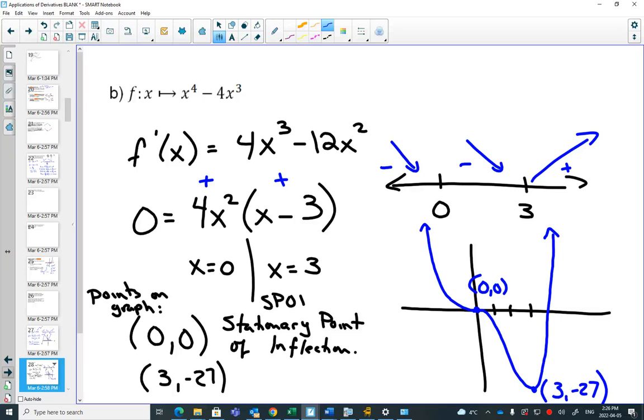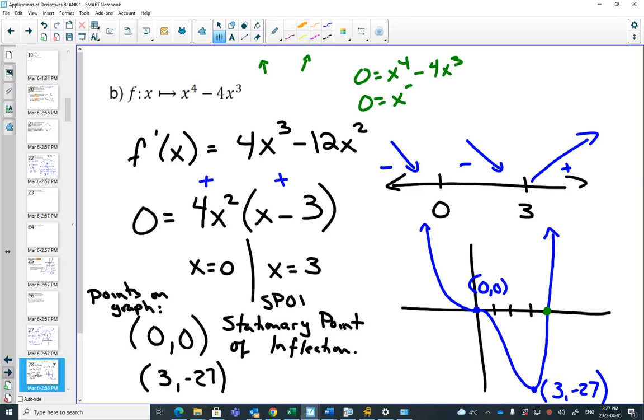In this question, you can actually find this point without a calculator. That's your x-intercept. Now we're going to go back to grade 12. How would you have graphed this in grade 12? You would have recognized it as an x to the 4 graph, so you would know that its end behavior looked like that. You would have then tried to find your x-intercepts by putting in 0 for y and solving.